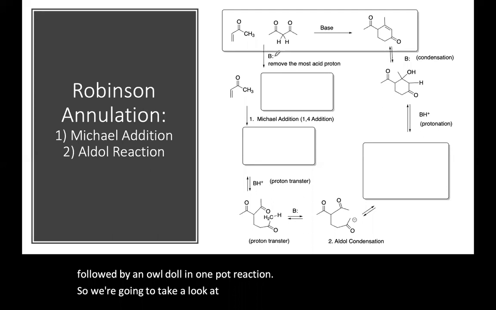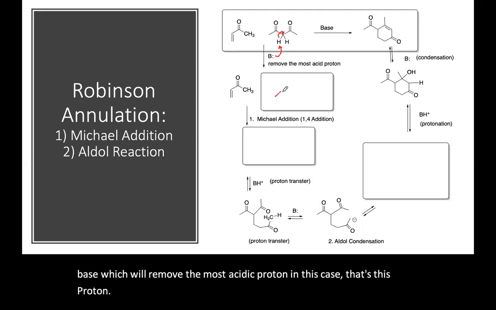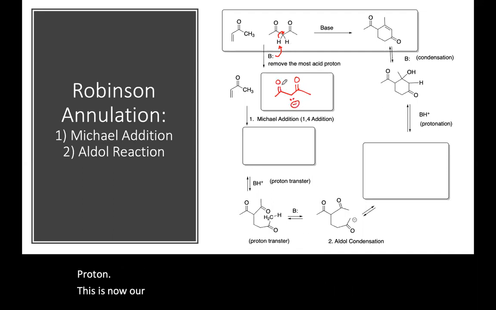The first step, we add a base, which will remove the most acidic proton. In this case, that's this proton. This is now our nucleophile, and it is a conjugated system.